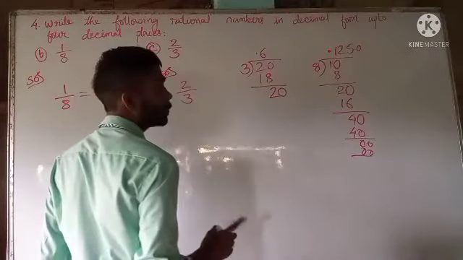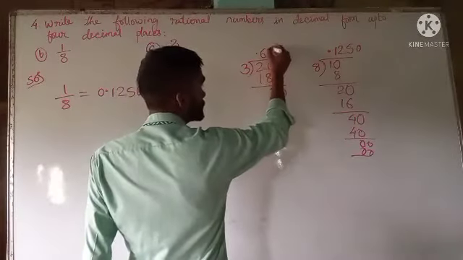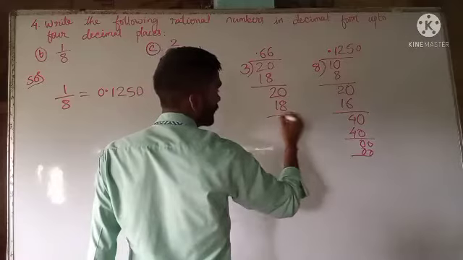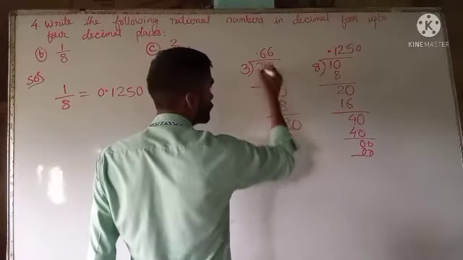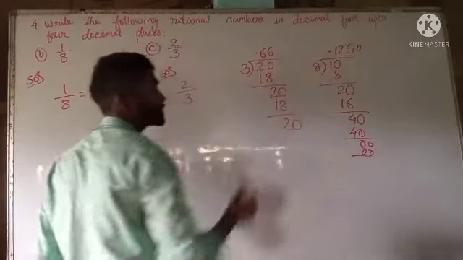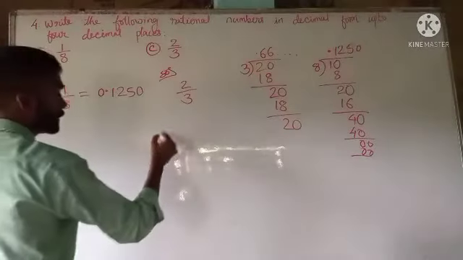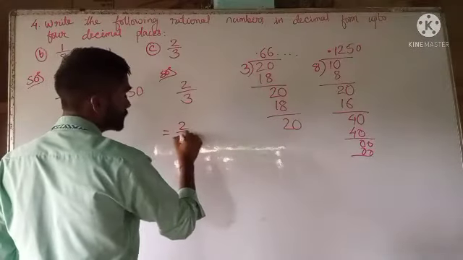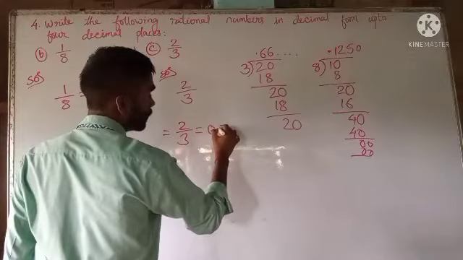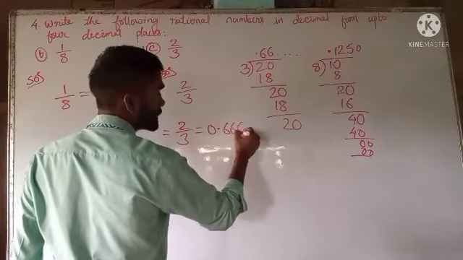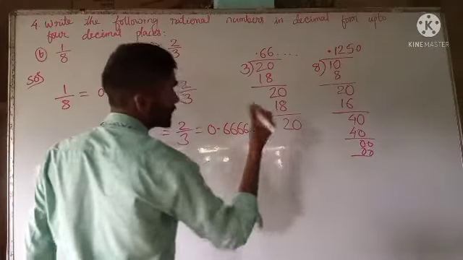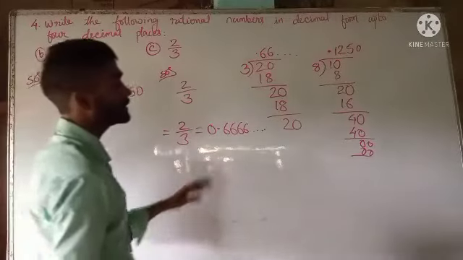So 3 6 times again is 18. If we go on subtracting, we get the same series, 6 6 6, and it goes on continuously. So 2 by 3 we can write as 0.6666 and it goes on continuously. We can write our answer in this way.